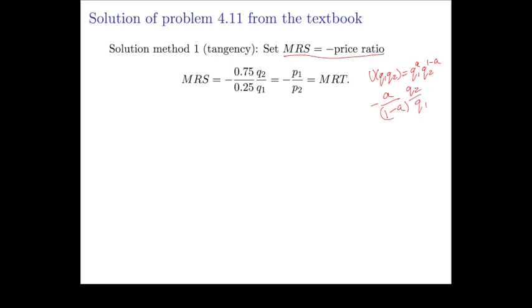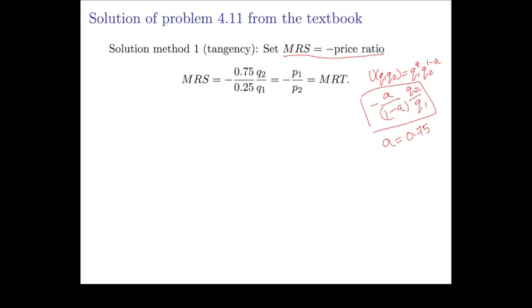This is something we had solved earlier, so we won't redo that. What we'll remember is that this is the marginal rate of substitution for a Cobb-Douglas utility function. Now what we've got here is a Cobb-Douglas utility function where a is 0.75.